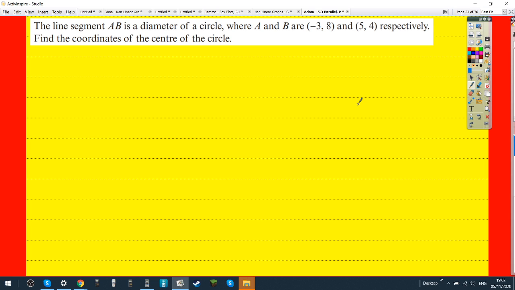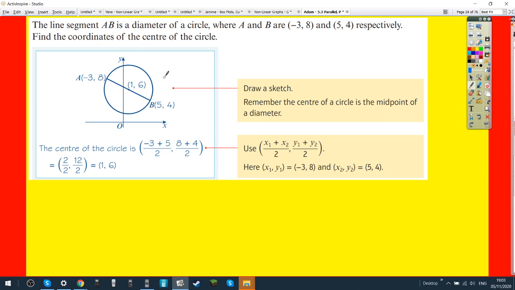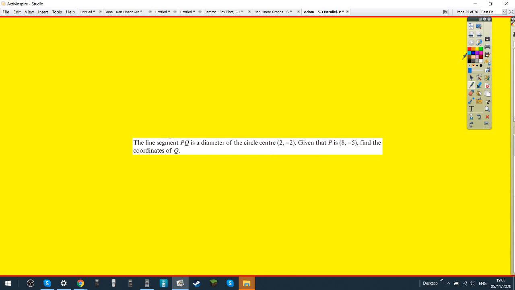You get 1, 6. And that's it. 1, 6. And so that's the midpoint, and that's the center of this circle. So you're on the diameter.